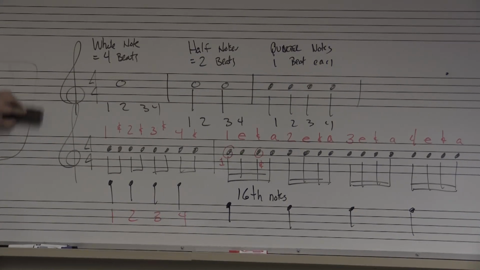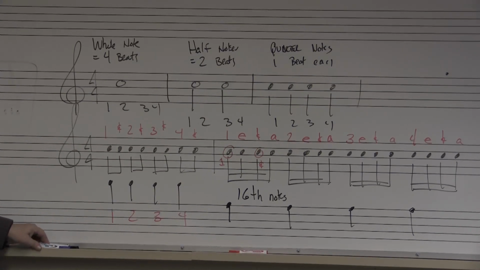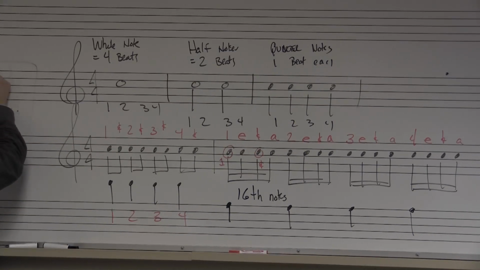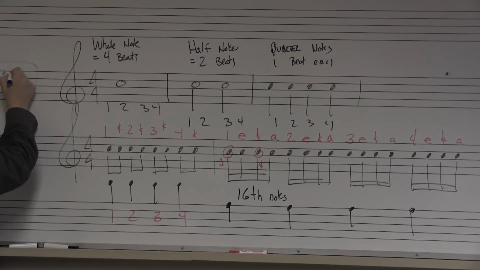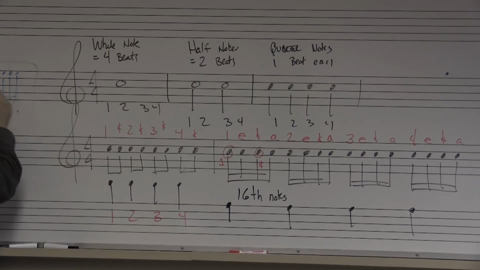You can go more than 32nd notes. That would be what? 64th notes, right? It just feels weird saying it. 64. If you're playing, that would be such a headache. Who can play those?